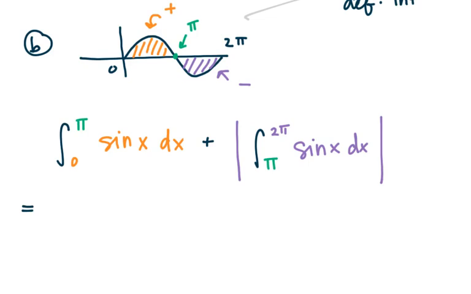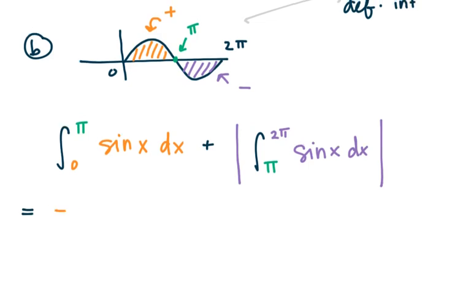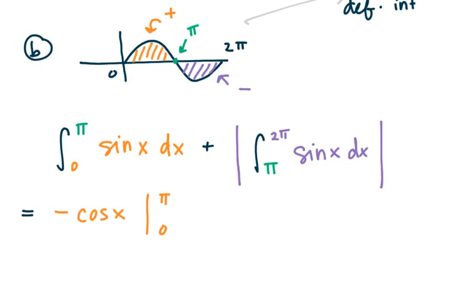Again, we know that the integral of sine is negative cosine. So I have here negative cosine x evaluated from pi to 0 plus the absolute value of negative cosine x evaluated from 2 pi to pi.